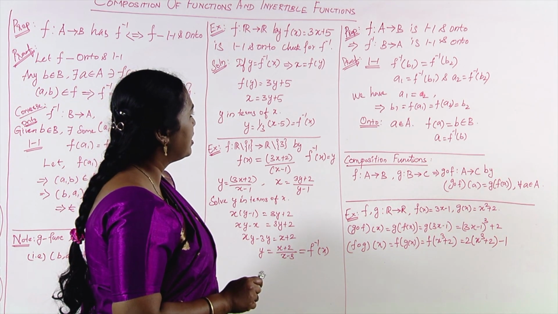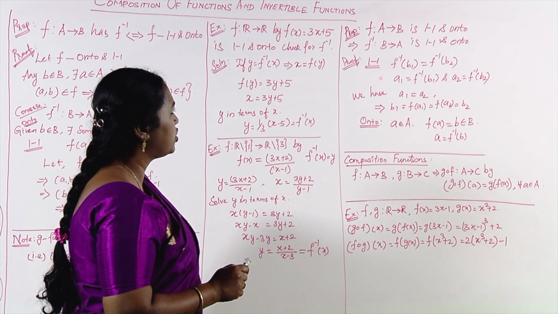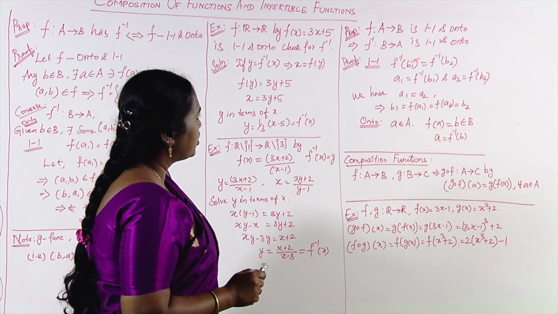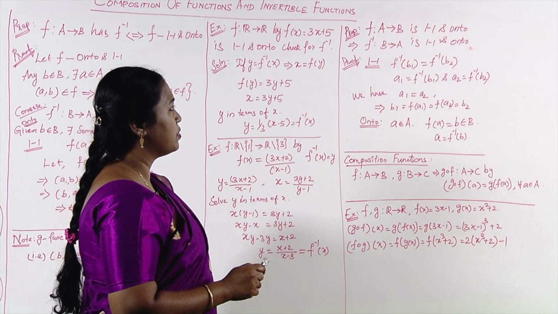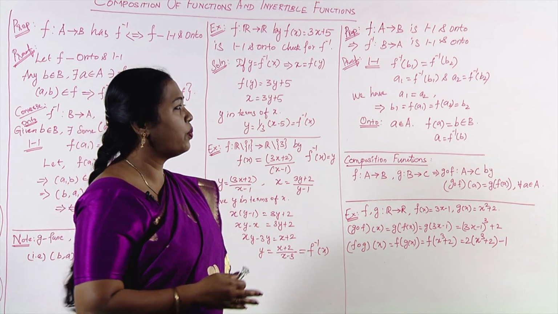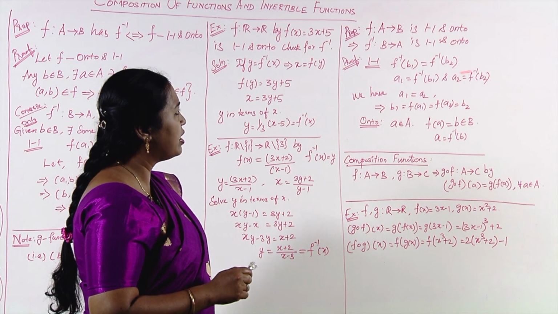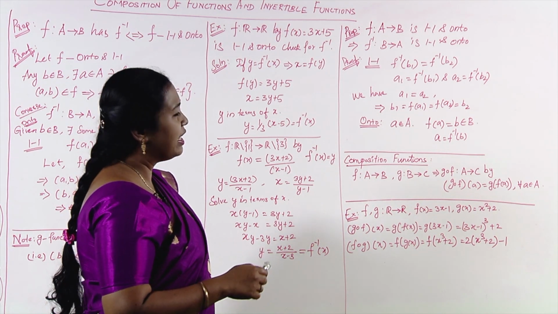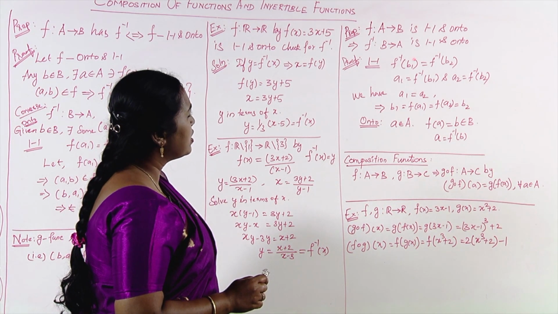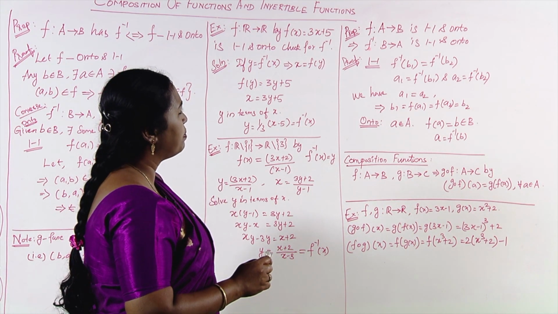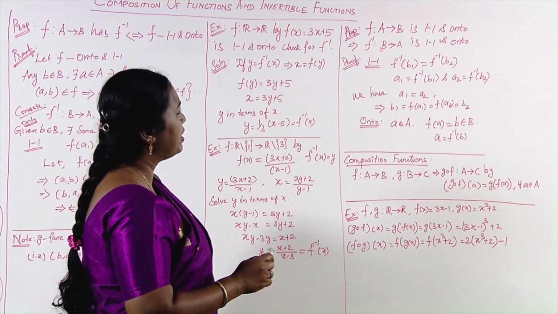Whether it is bijective, that is what I am going to check. Let us take f inverse of b1 equal to f inverse of b2. Like I said, whenever I am checking for 1-1-ness, I need to go by taking two images as equal, which means that f inverse of b1 should be some a1, because f inverse is from b to a.